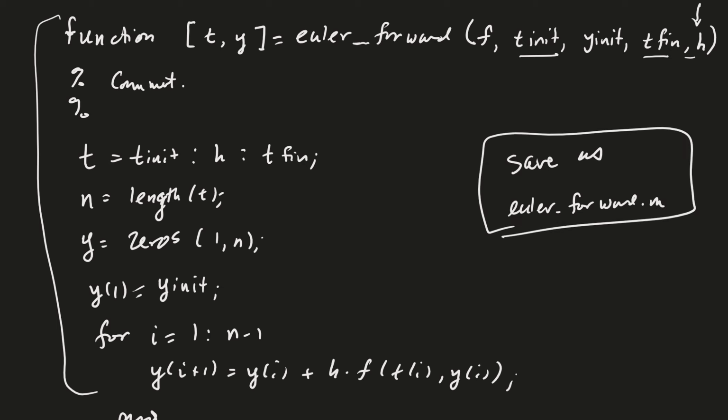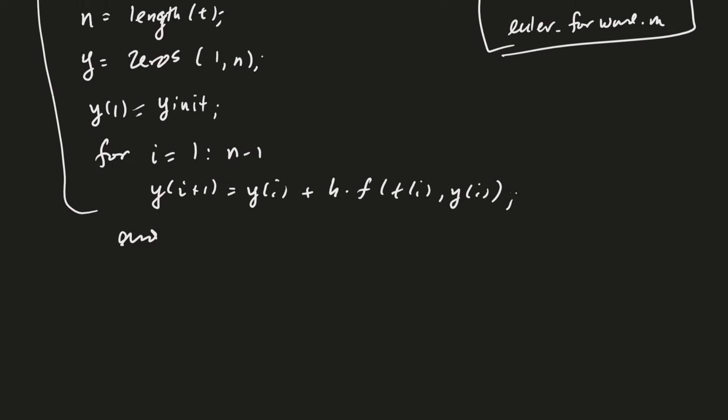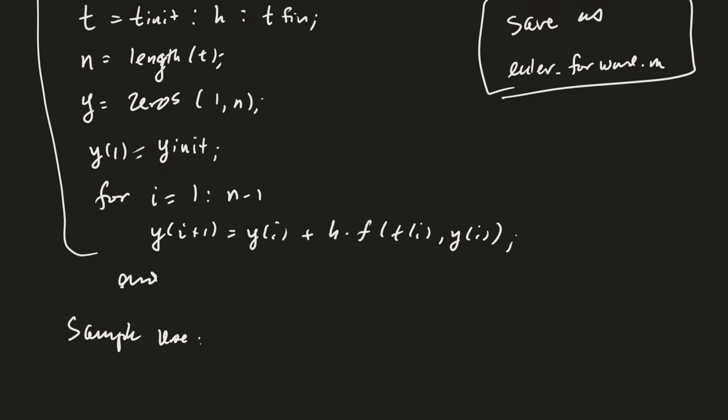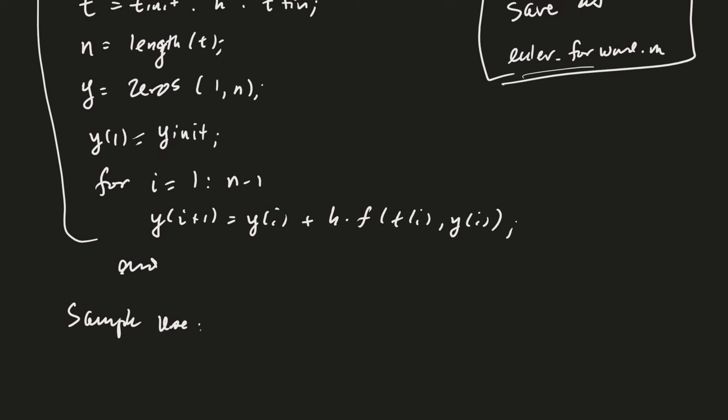Okay, because when we're going to use it, we're going to do a sample use in the next video. In order to use this function, we'll call Euler_forward. Okay, so that needs to be the file name. Good. So in the next video, we'll talk about how to actually call this using MATLAB. All right.